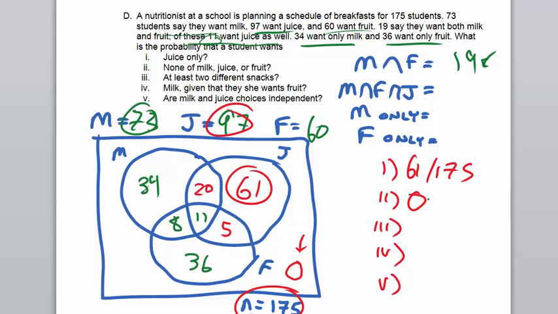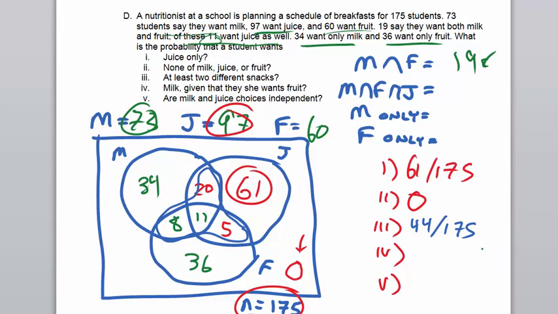At least two different snacks. Okay, that's going to be all of the people right here in this middle intersection. They can't be on the outsides, they've got to be right there in the middle. 31, 39, 44 out of the 175 wanted more than one snack.